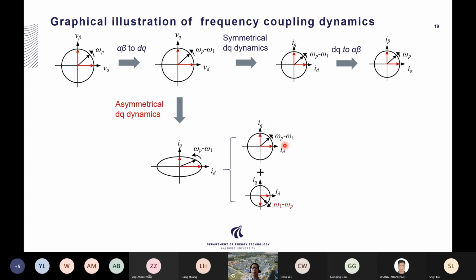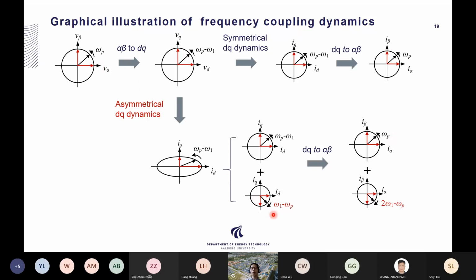One is omega p minus omega 1, and another frequency is the negative frequency, which is omega 1 minus omega p. Then you transform all these two frequency components back to the alpha beta frame. Actually, you end up with two frequencies. This component will end up with frequency component at omega p, which is the same as the input frequency.